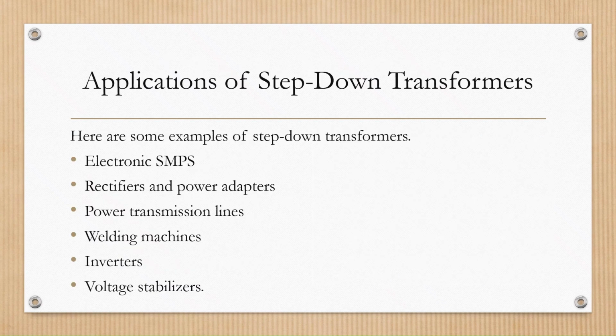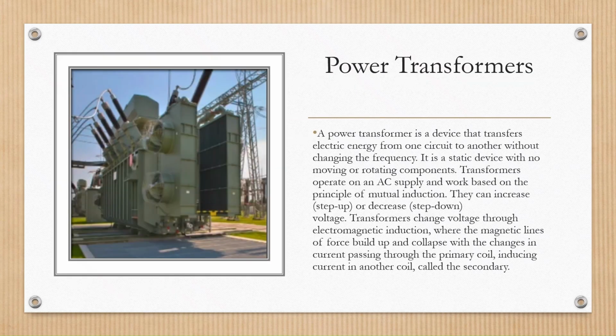Here are some examples of step-down transformers: electronic SMPS, rectifiers and power adapters, power transmission lines, welding machines, inverters, voltage stabilizers.